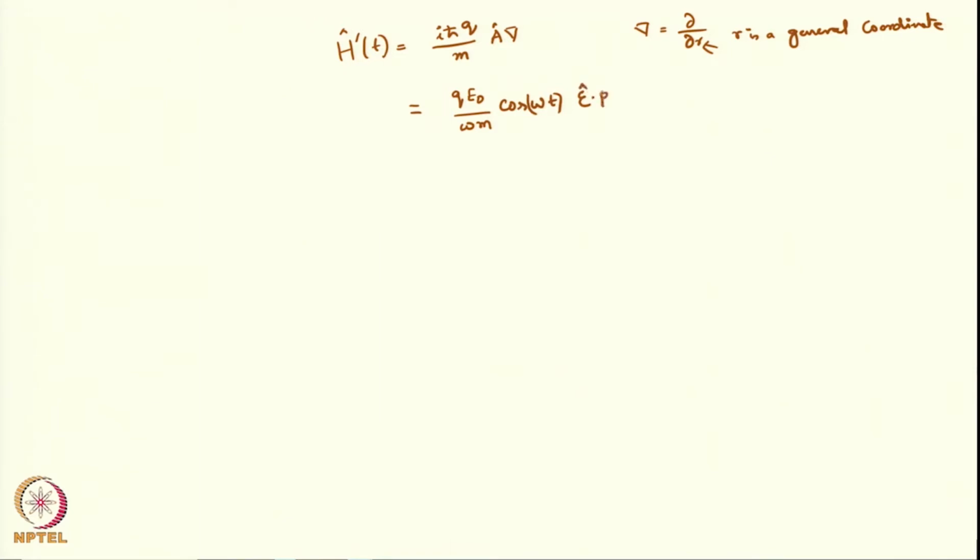E dot p, because you should realize that minus i h bar del is equal to the operator p. So now what you are looking at is the dot product between the electric field vector and the momentum vector.